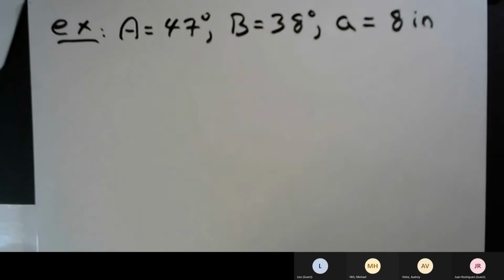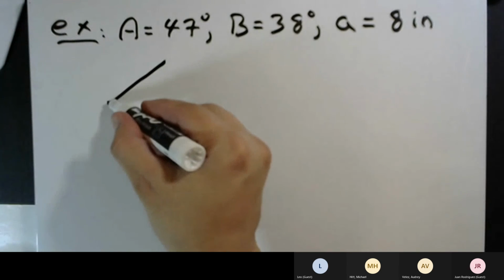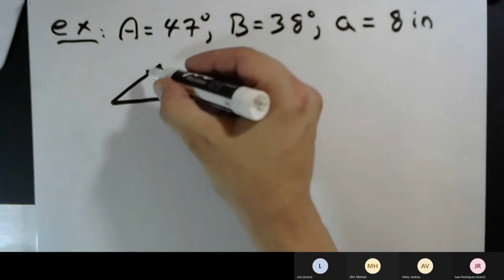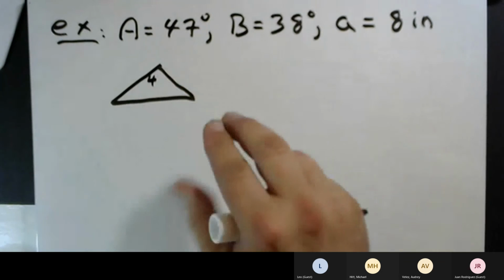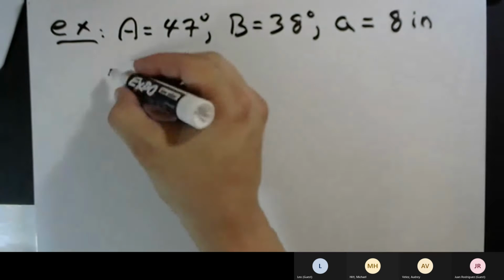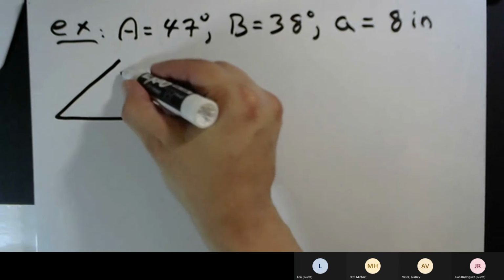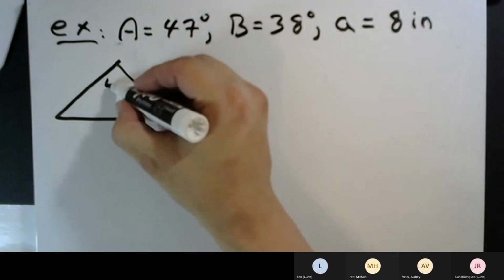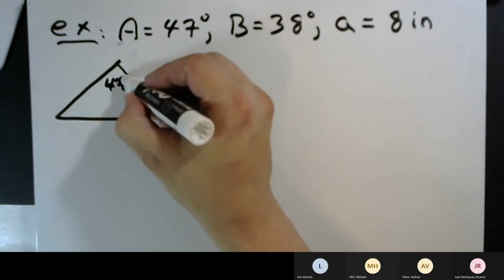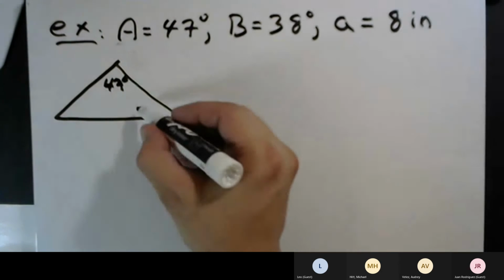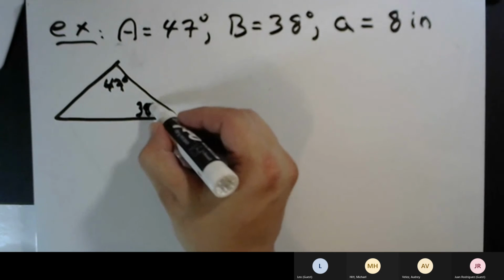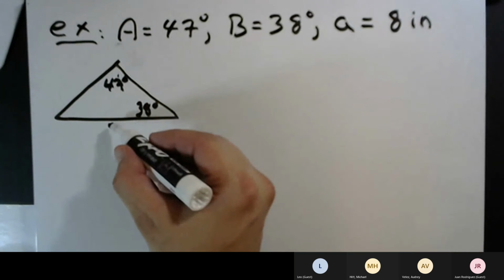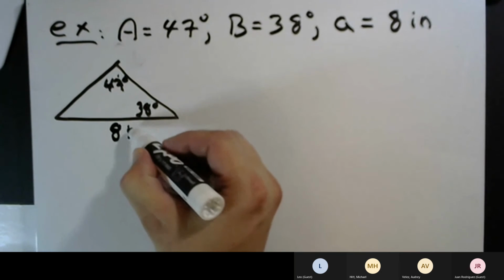So let's draw a rough picture of what this looks like. Our picture might not be totally accurate, but we could say here's angle A, which is going to be 47. Angle B is 38. We'll squeeze that in there. Opposite of angle A, 8 inches.